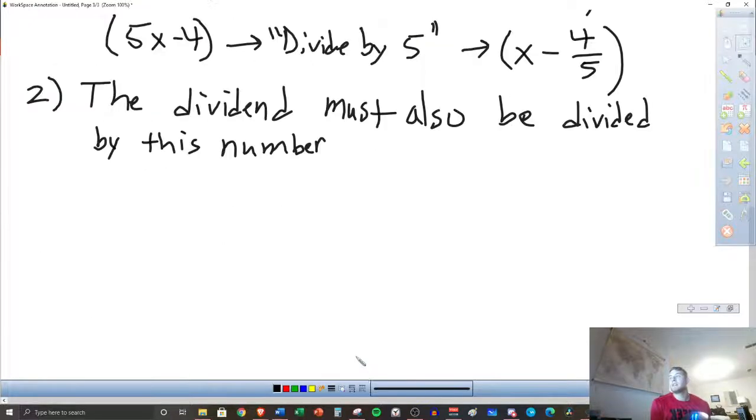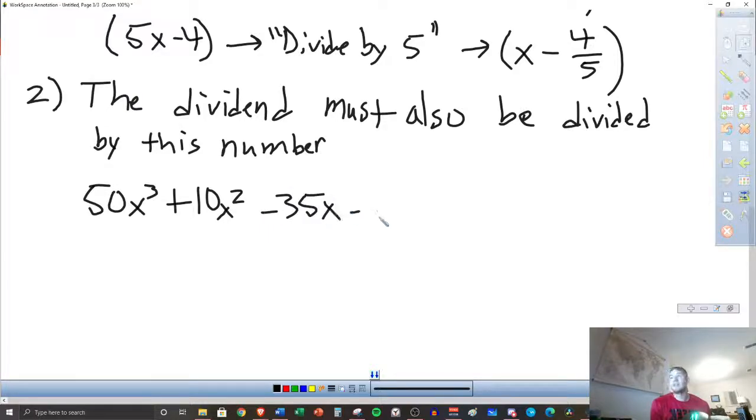So what that means is I need to take what we just read, the 50x cubed plus 10x squared minus 35x minus 7, and all of that needs to get divided by 5.